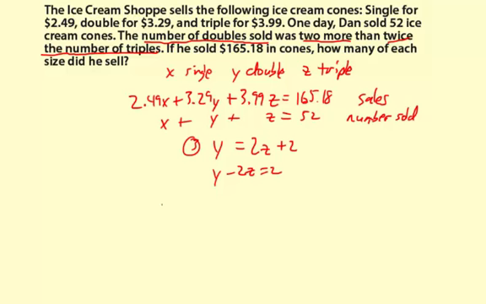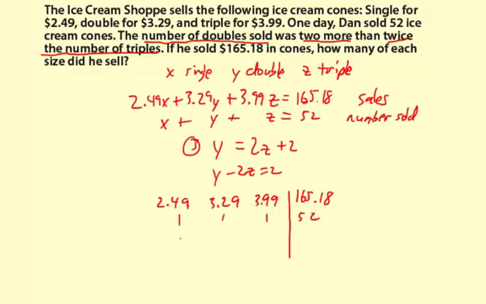So equation 1, 2.49, and then 3.29, 3.99, then a bar to separate, and then 165.18. Next equation, 1, 1, 1, and then 52.